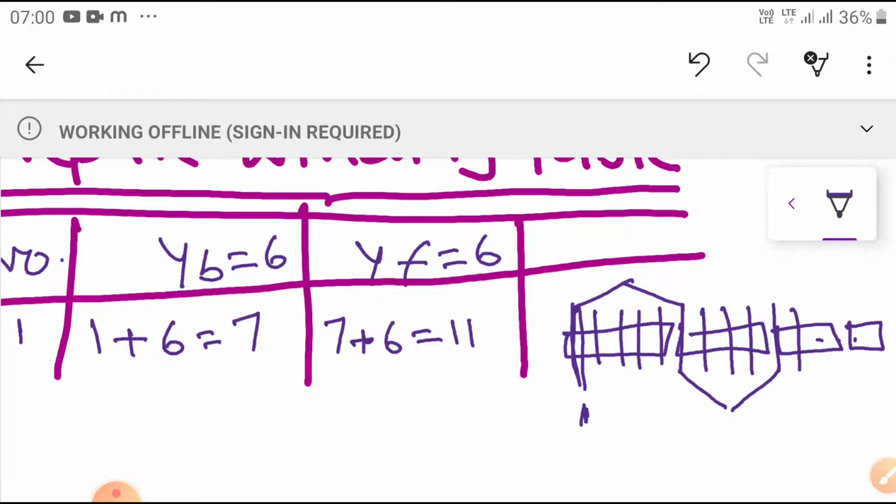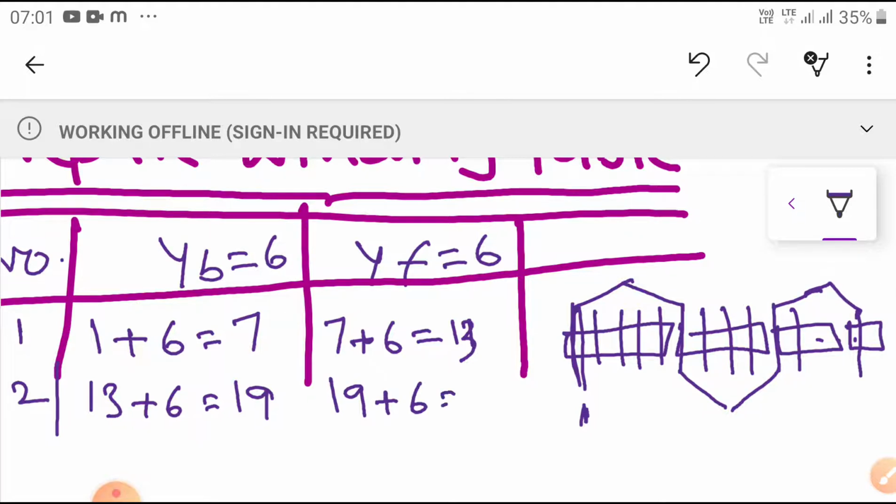Next, 13 plus 6, so 19, I am going to connect the 19th conductor one pole pitch further. Now 19 plus 6 is equal to 25 conductors. But how many conductors do I have? I have only 24 conductors.